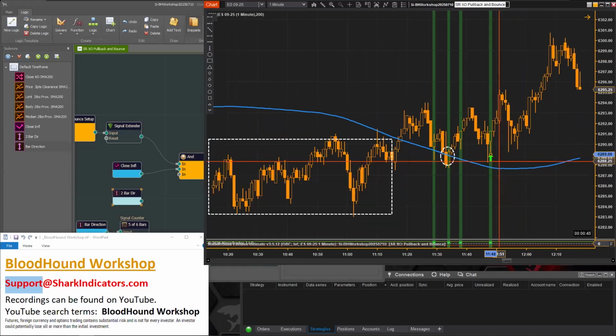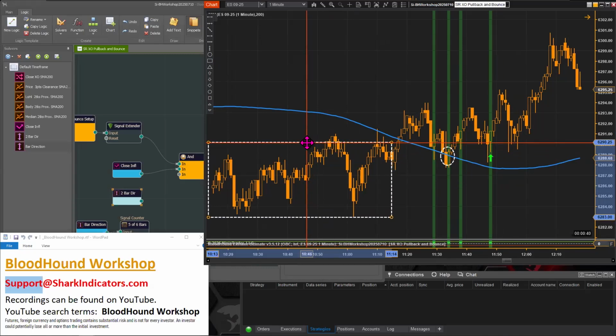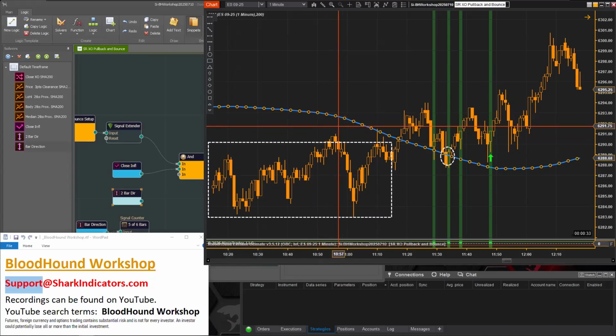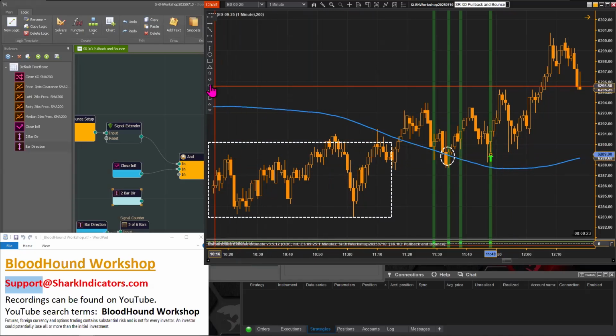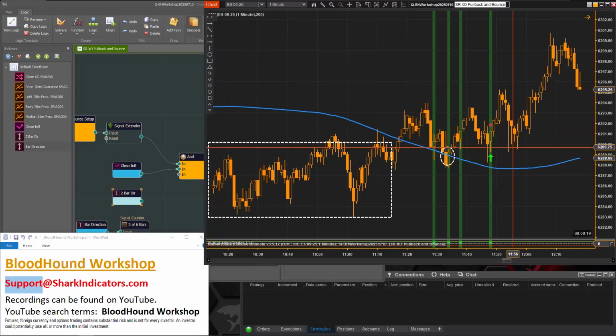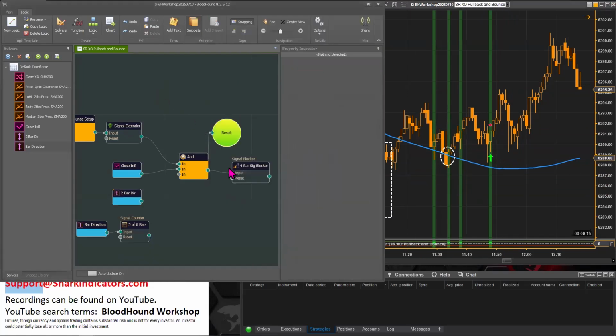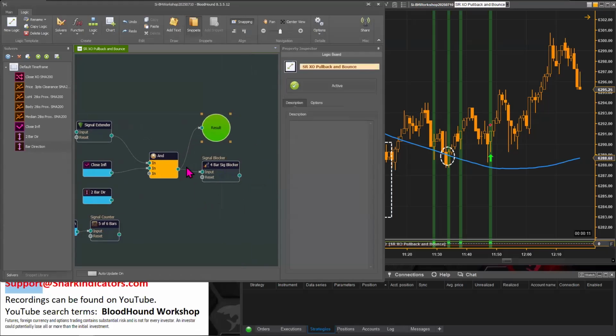And here's our signal from that. So if you want to require price to have a well established base, above or below your support resistance level for some amount of time, we can add that in, and that would eliminate this signal here. So let's add that into the mix.